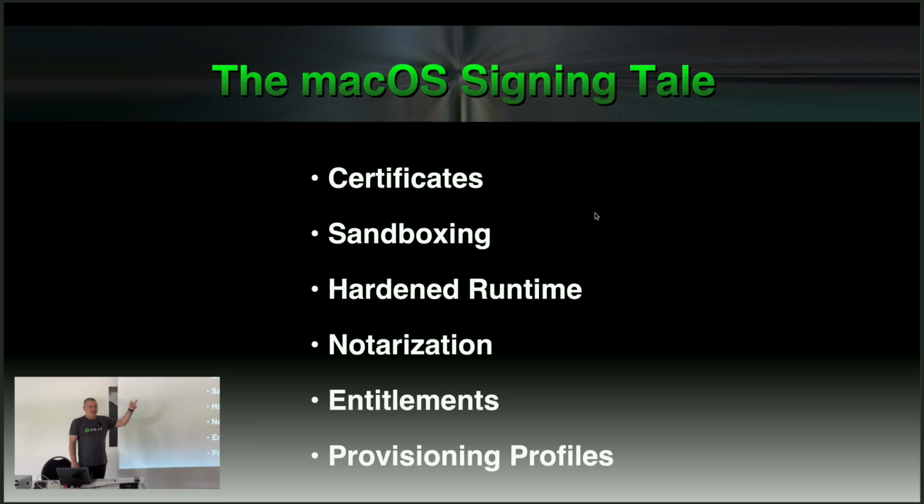We need to decide if we want our app to be sandboxed or not, depending if we want to make a direct distribution or send the app to the Mac App Store, if we want to apply hardened runtime or not, and notarize it, apply entitlements and related provisioning profiles, depending if our apps are making use of some of the Apple services or technologies that require that kind of files.